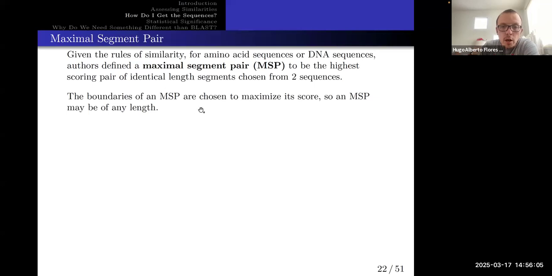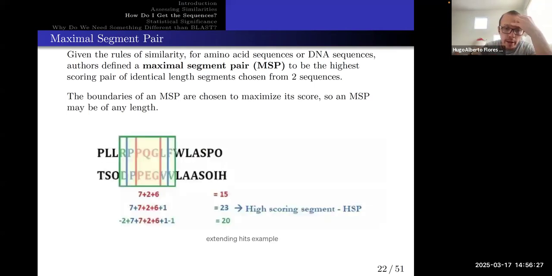So at the very beginning you find a match that is very similar, and then you start extending this small region. The boundaries of where the segment pair starts or finishes, at the very beginning you don't know. When you start expanding, we expect the score to start increasing.